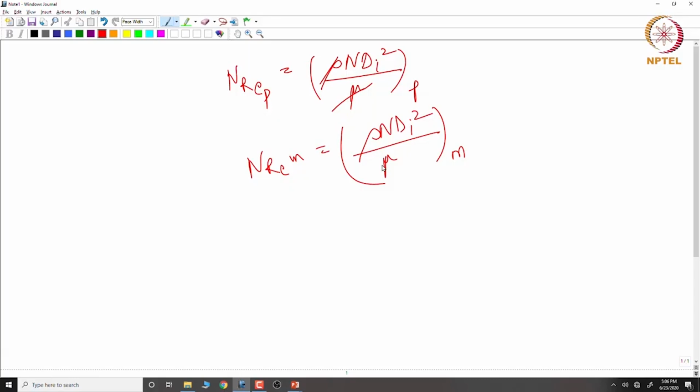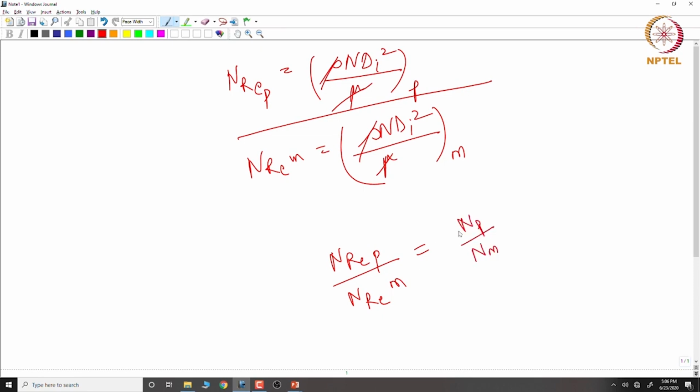Now in terms of the prototype, if we divide this, so NRE at prototype to NRE at model type will become equal to NP by NM multiplied by DIP by DIM the whole square.